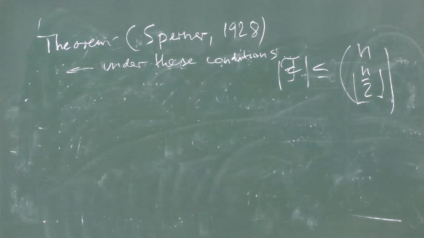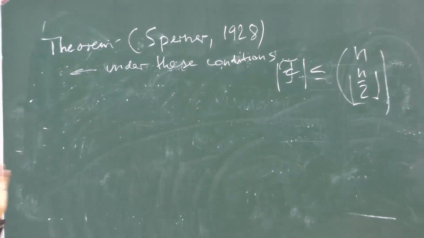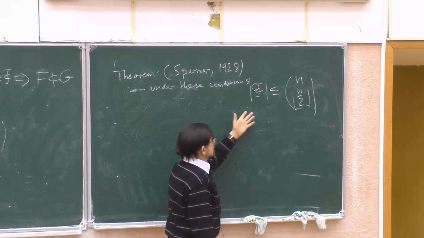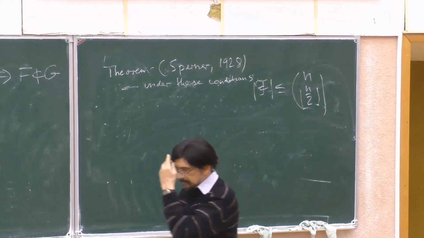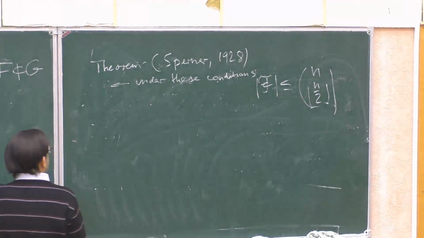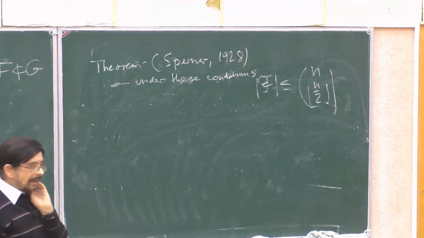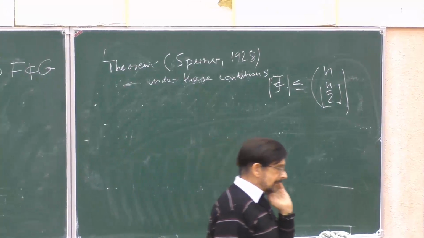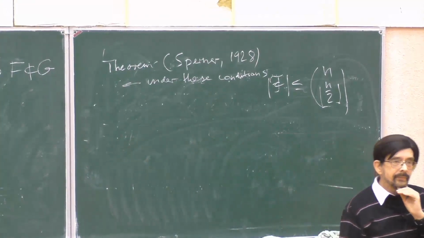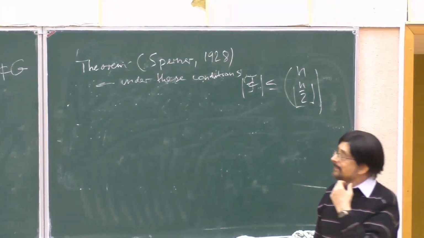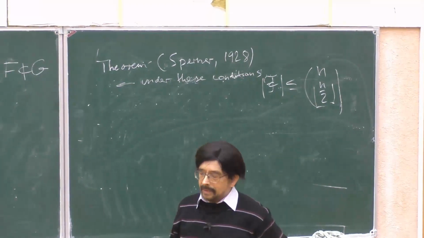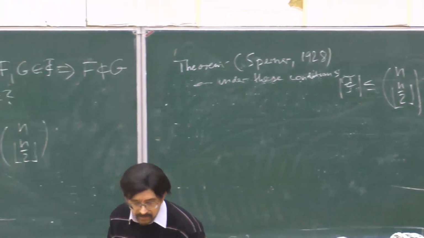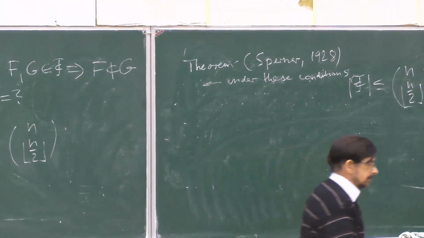So here we showed that it is good. We can have this many, but Sperner claimed that you cannot have more than this one. And I will start with the original proof, which is not the simplest one, but it has some ideas which are good to know.